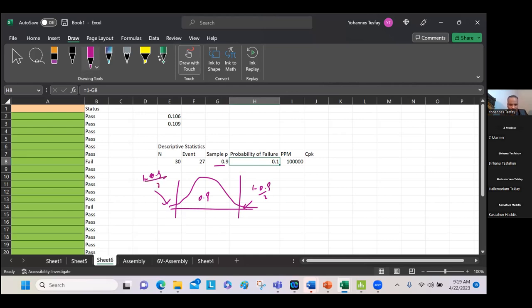So how much is that? This is 0.1 divided by 2, 0.05, and this is also 0.05, okay? Just like that. So if I'm gonna just split this one into 2, 0.45 plus 0.5, it's 0.5.